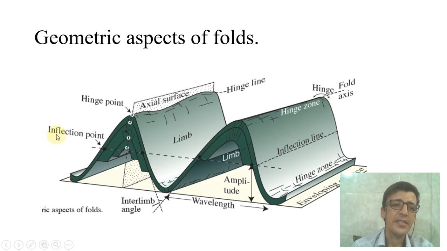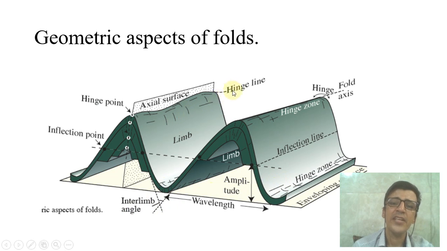What about the inflection point? You can see here we have a line. This is an inflection point. At the inflection point, the fold is divided into two parts, and at this point, another time the slope changes. Interlimb angle, you can see the concept here.